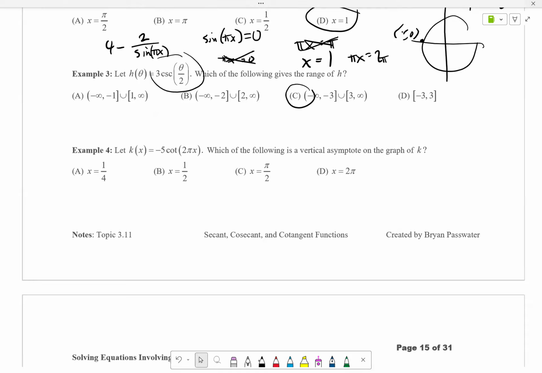Take a moment with your neighbor whenever you're ready, or when you're not ready. Do you have a question or answer? 2 pi.